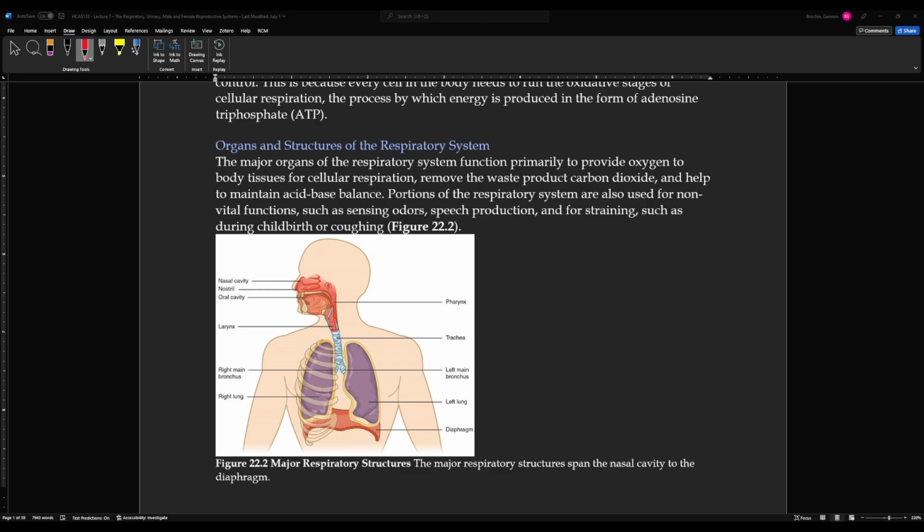Some other accessory functions that our respiratory system is directly involved with are the production of speech, and the ability to cough, which can help propel things out of not only the respiratory pathways, but also the shared pathways that the respiratory system has with the digestive system, since the oropharynx, or the mouth, is essentially a respiratory and digestive area as well.